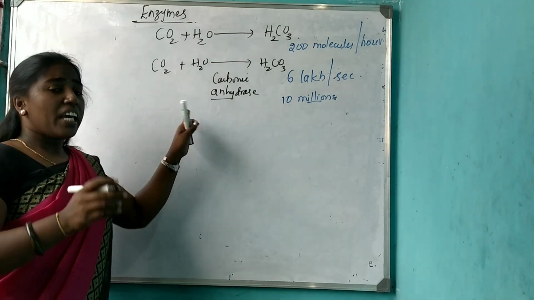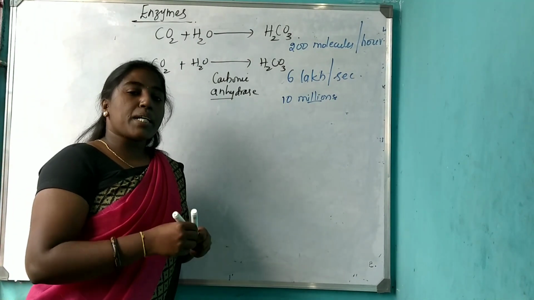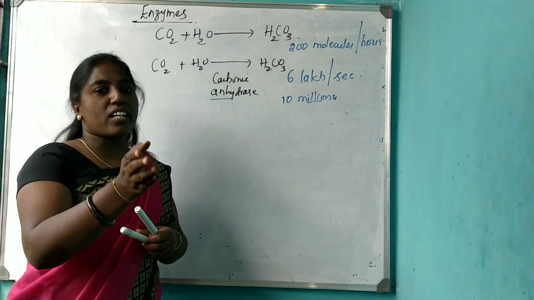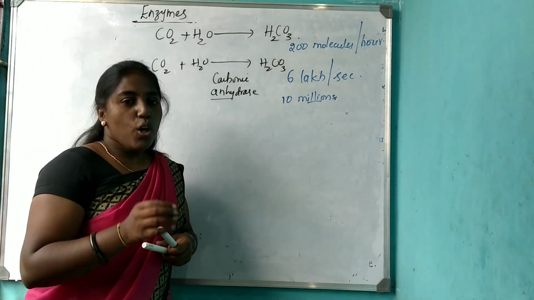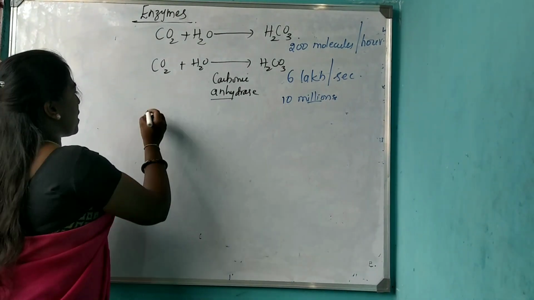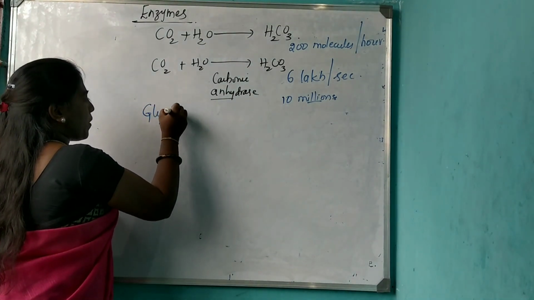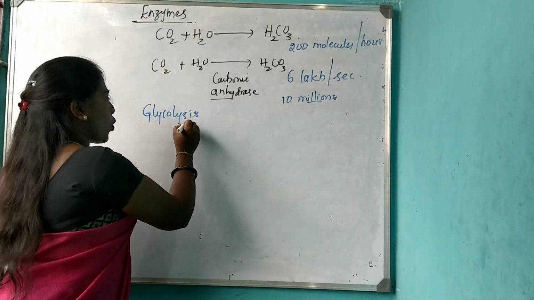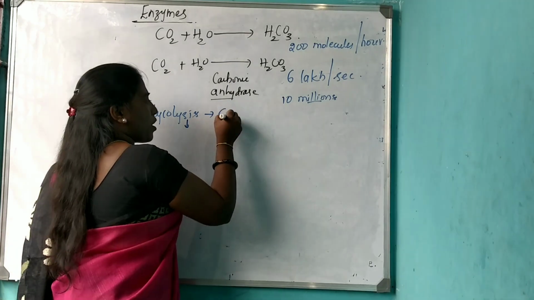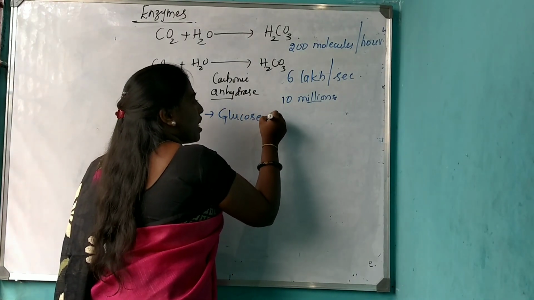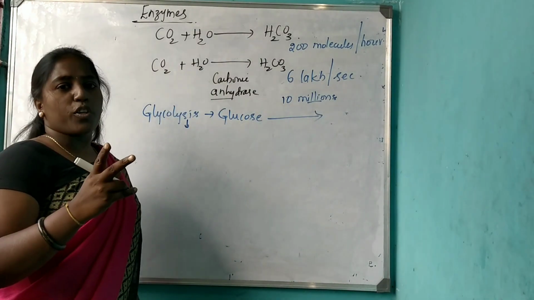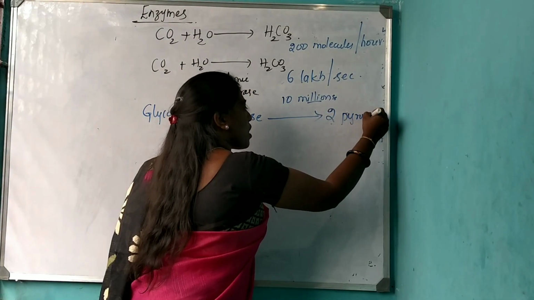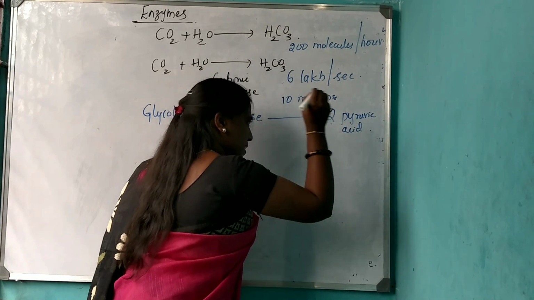Not only this, enzymes can be involved in a metabolic pathway. A metabolic pathway means a series of reactions which are linked with one another. For example, let me take glycolysis. In glycolysis, glucose is converted into 2 molecules of pyruvic acid.